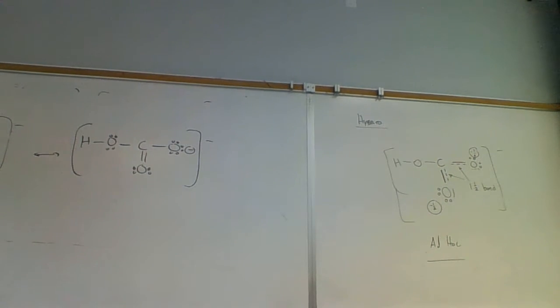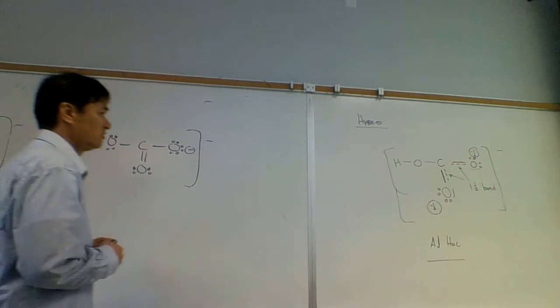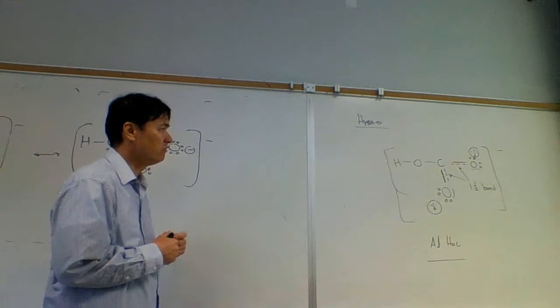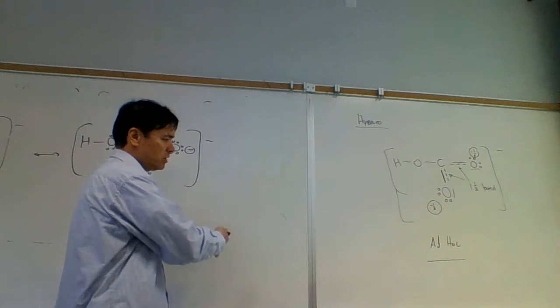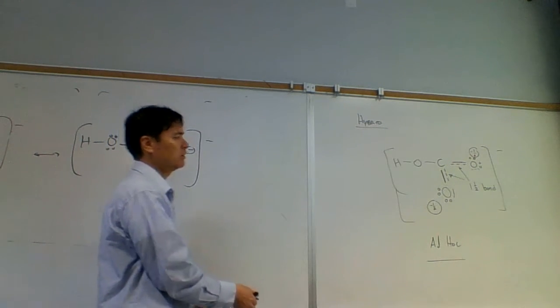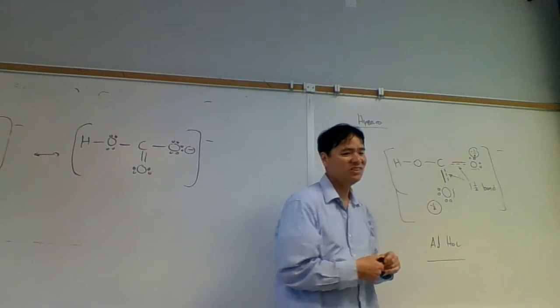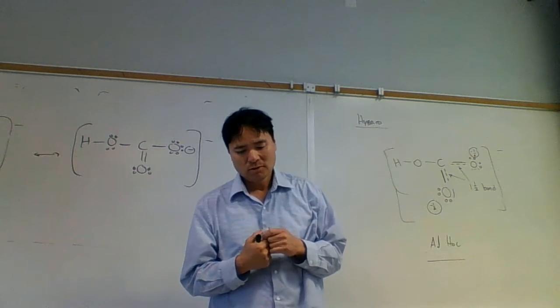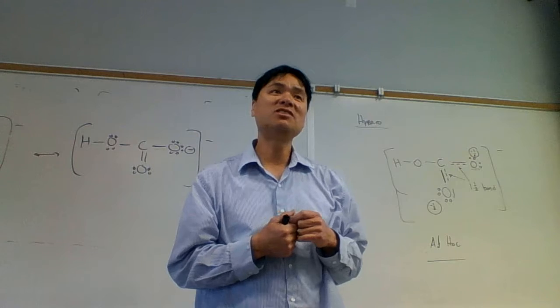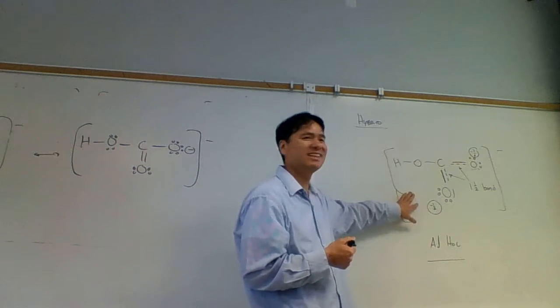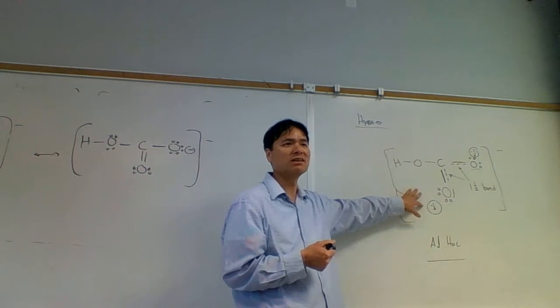All right, let's talk about the structure now. Okay, so we're okay with Lewis structures, maybe for bicarbonate. Now, when we do VSEPR, we do not do VSEPR on the hybrid because it just makes things a bit more complicated.